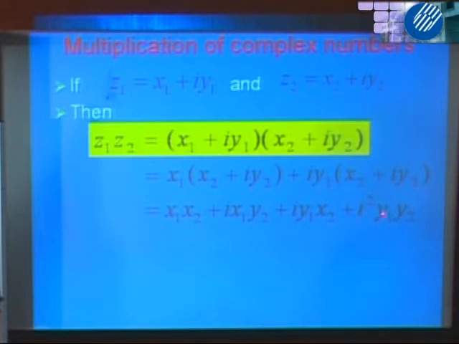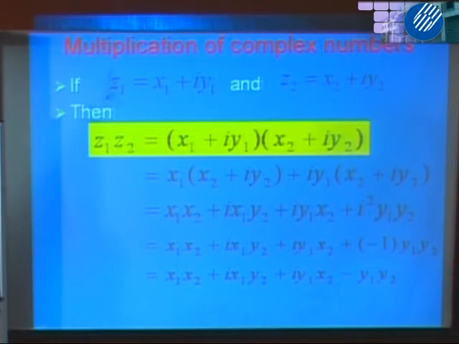So now when I expand it, I will get x1 x2, x1 times this value iy2, similarly for this value. Now take note, there is an i square existing in the multiplication. This is where the power of i is used. Therefore when we simplify, we get the value i square becomes minus 1. So now this entire value becomes a real value.